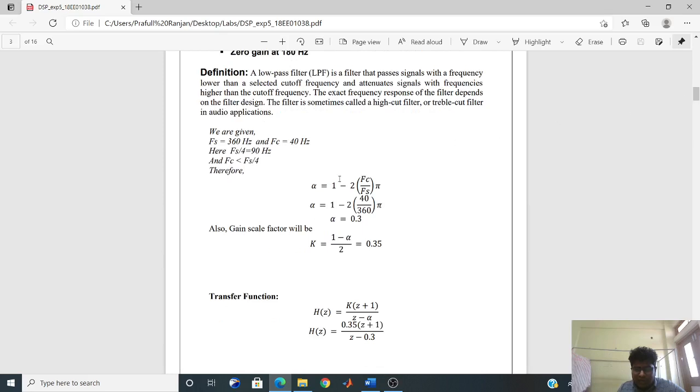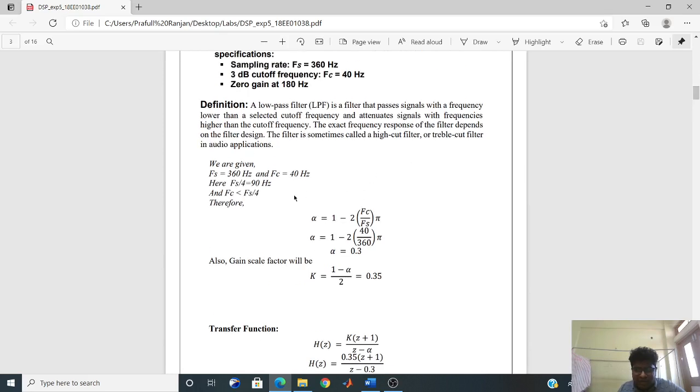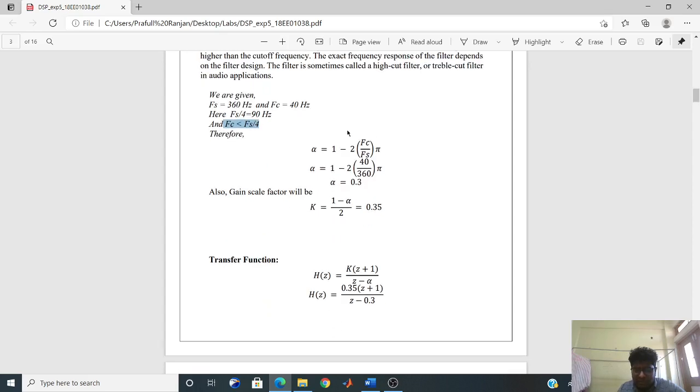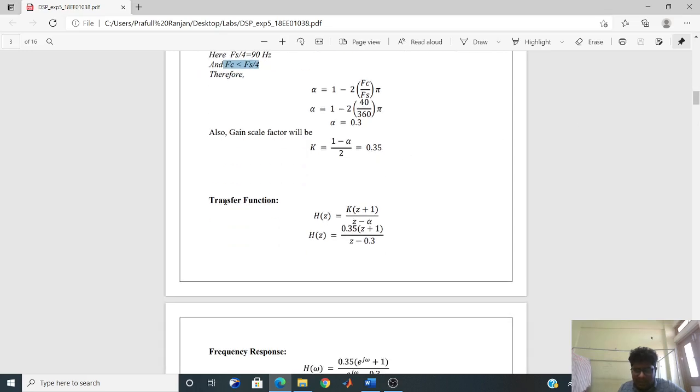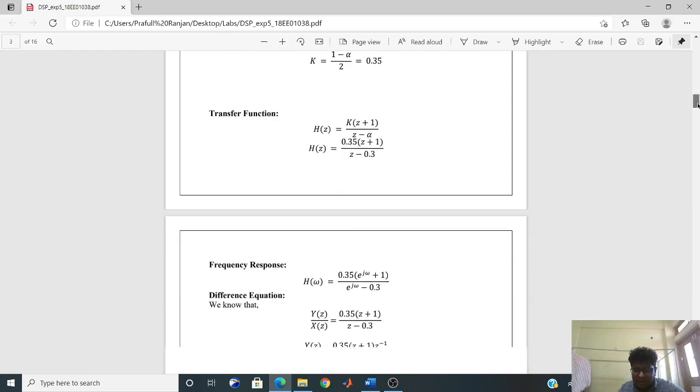So these are the calculations. We first need to calculate the constant alpha, and for that we first check that fc should be less than fs by 4, and in our case this is satisfied. So we calculate alpha. After that we calculate k.